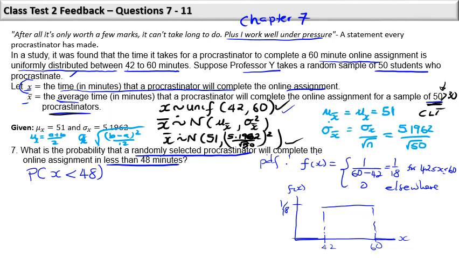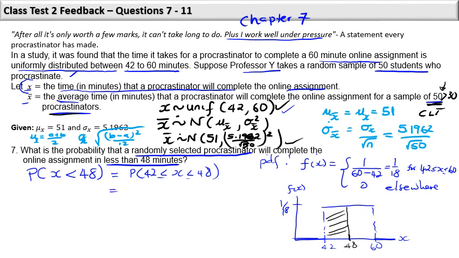You will agree with me that 48 lies somewhere here. So less than 48, we are looking for this area. Then this probability statement simplifies to the probability that X is between 42 and 48. Why is that so? Because after 42 going down, the height is 0 because it is 0 everywhere else.